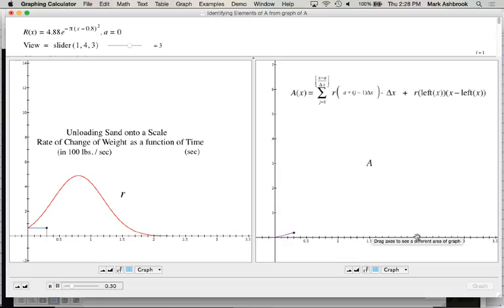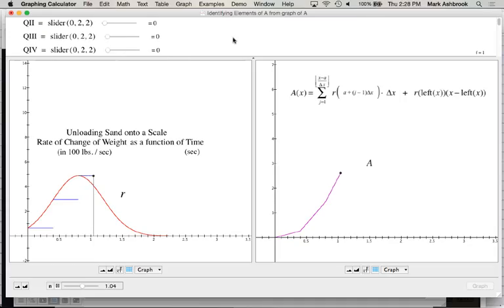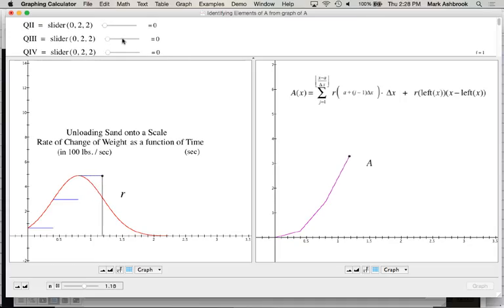Okay, so here's the same situation, and I'm showing the formula up there for the approximate accumulation function. Pick a number between 1 and 4. He wants 3 first. Here we go. So I'm highlighting with red bars and question marks quantities that relate to this function.